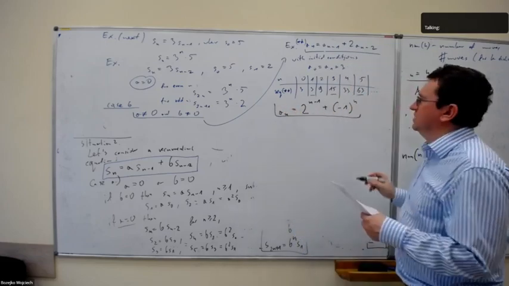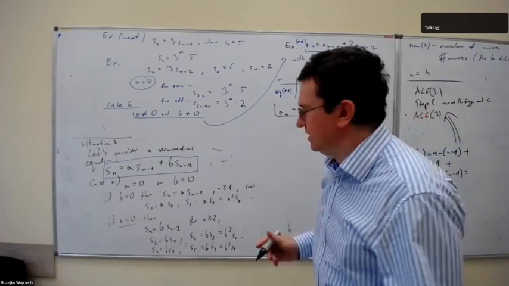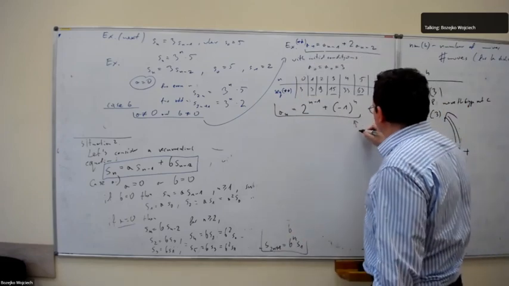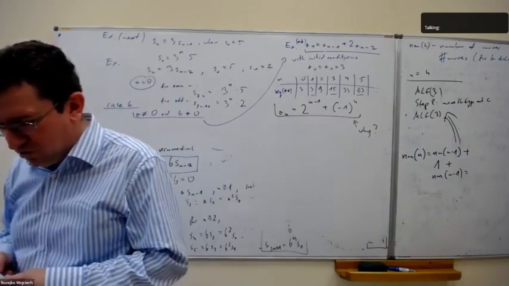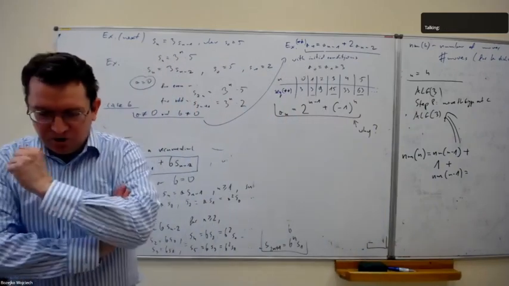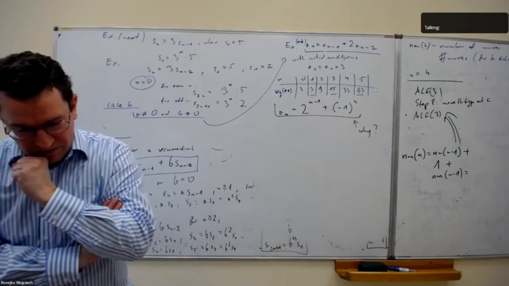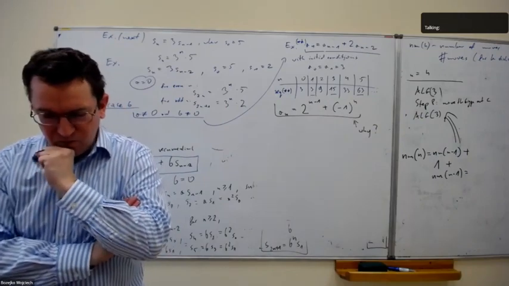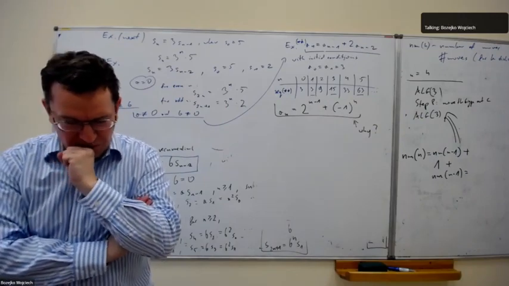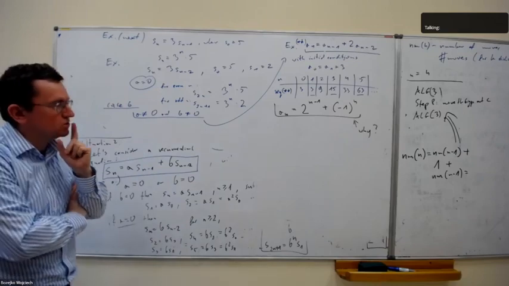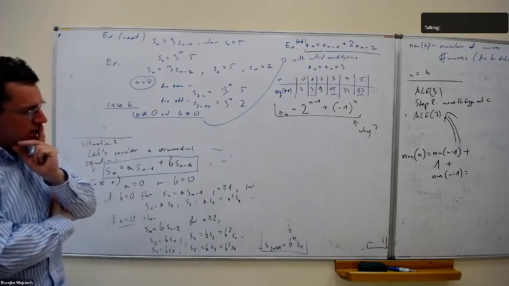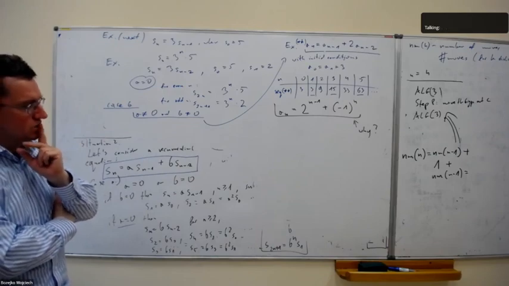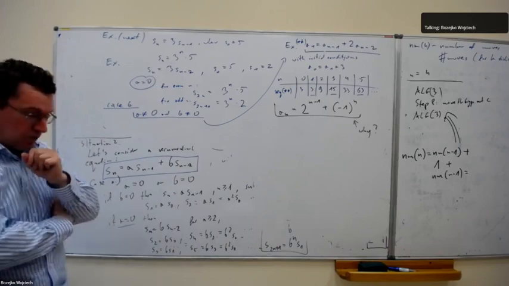And this will be the general solution of this equation. But why and how to solve it, I will show in the next lecture. For showing the methodology, we need some more mathematical approach and the characteristic equation of the recurrence equation.